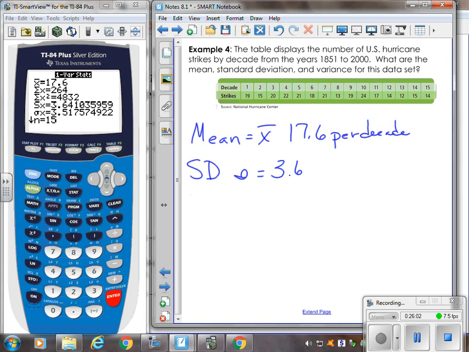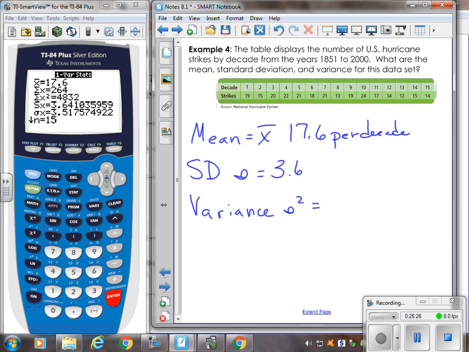Your variance, or what we call S squared. What you will want to do to get S squared is to take this value, and we might want to keep a few extra digits, and square it.